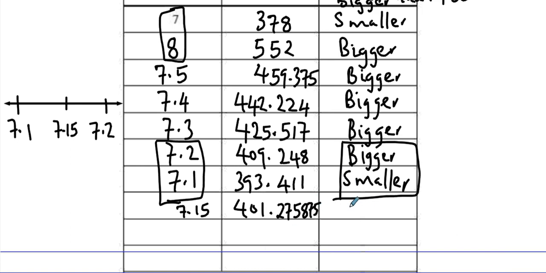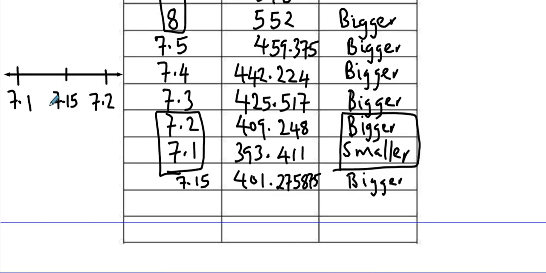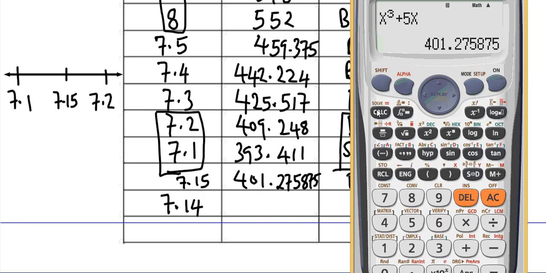Still this is bigger. So we tried 7.15 and we got something bigger than 400. So since we got something bigger than 400, you have to try a number lower than 7.15. So that is 7.14. Try 7.14.